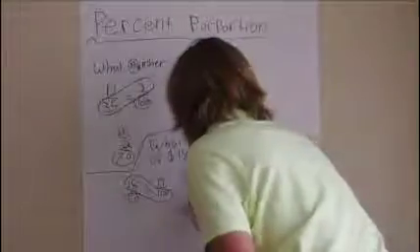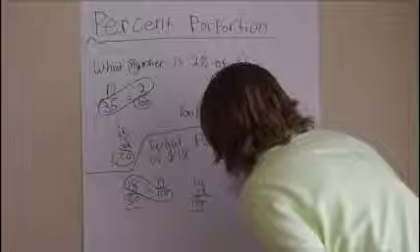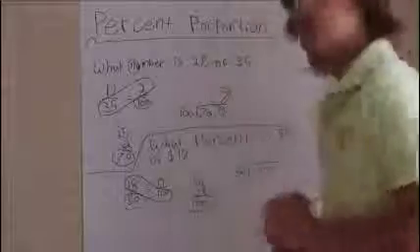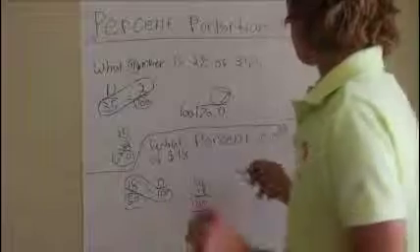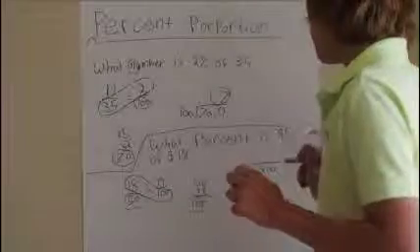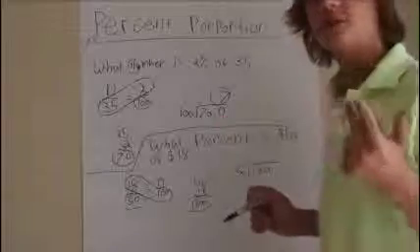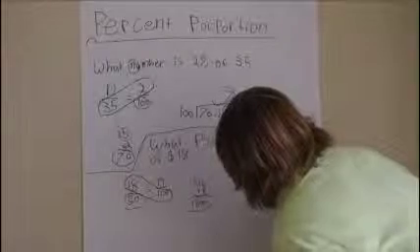and get 1,800. So now what we would do is take the 50, which is right here, and the 1,800, and divide them. 50 goes outside the box, and the 1,800 goes inside. Since 50 doesn't go into 18, it would go into 180, 5, 10, 15, yeah, 3 times, making 150.